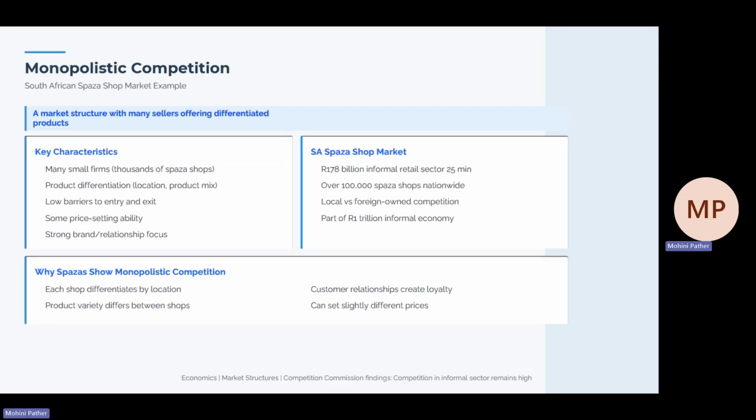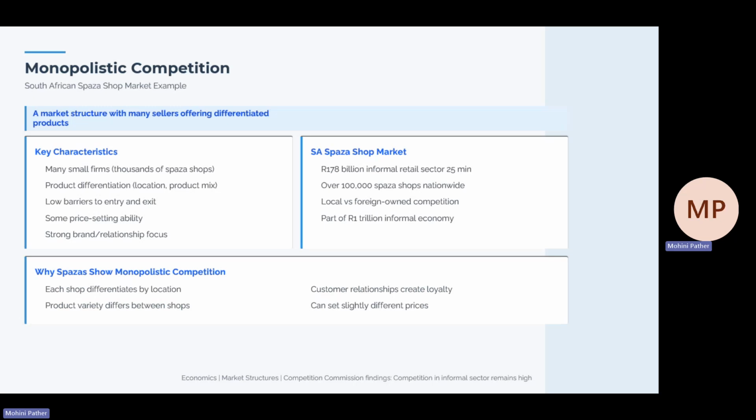On the other hand, you have monopolistic competition. Okay, so here you have a market structure with many sellers offering differentiated products. Okay, so there are thousands of spaza shops and they have product differentiation. So you go from one place to the other. Typically, they're located quite close to you.